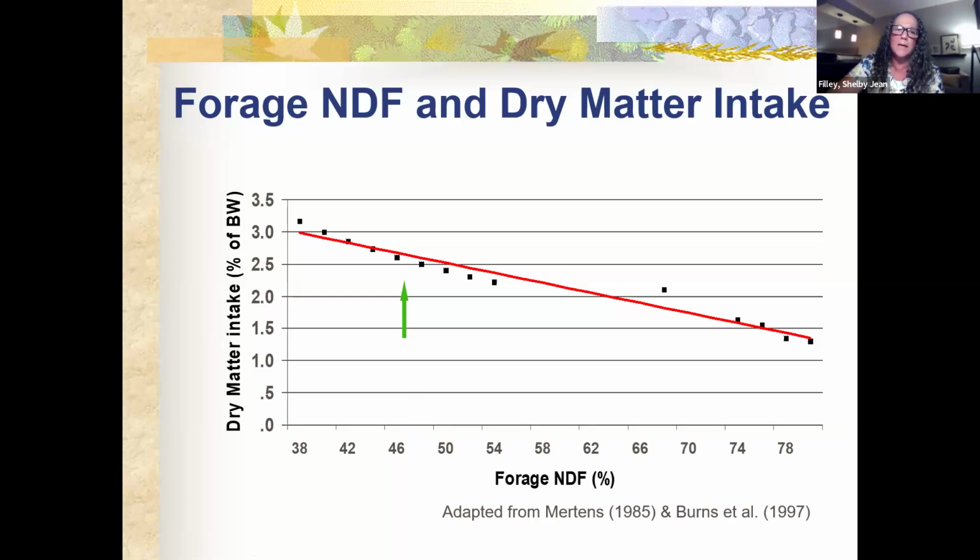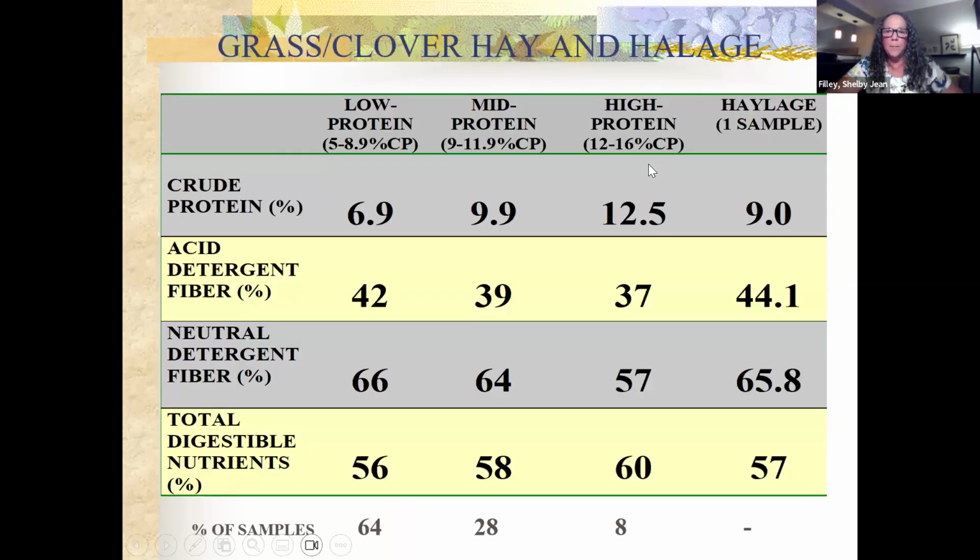So when we get our feed tested, we know what the ADF and NDF are. That's what you do there. So I took a bunch of samples, did a hay survey, and these are the results from grass and clover hay and some haylage. We're looking at the crude protein, the acid detergent fiber, the neutral detergent fiber, and then the TDN.